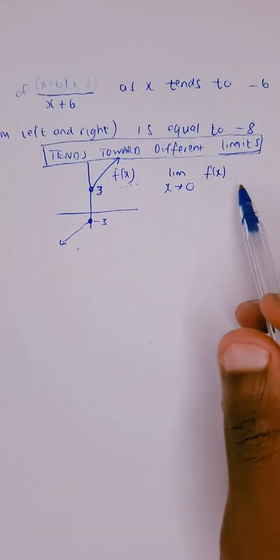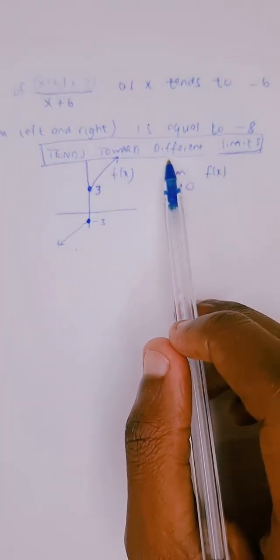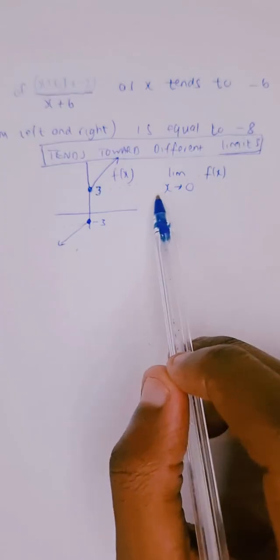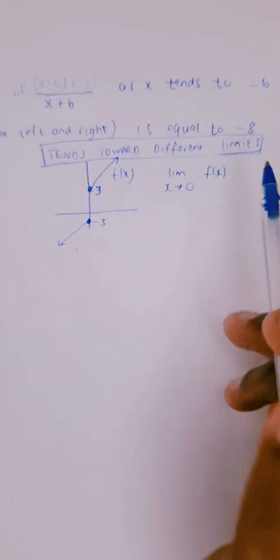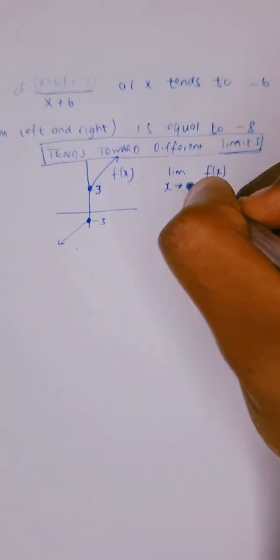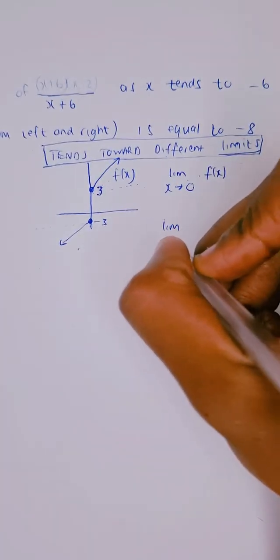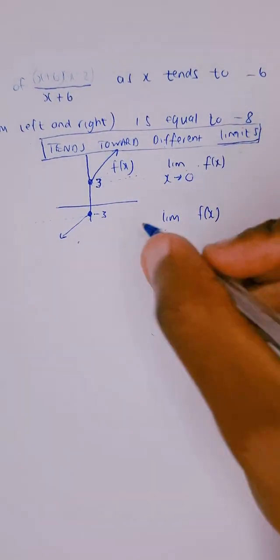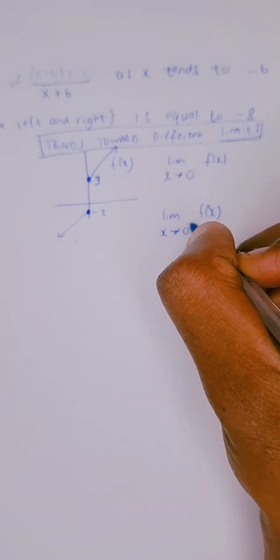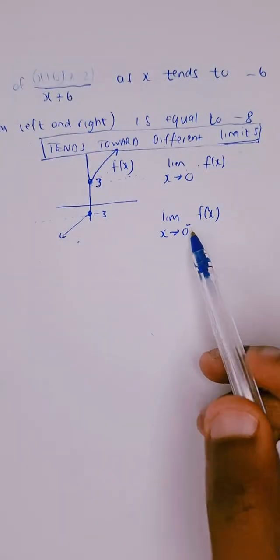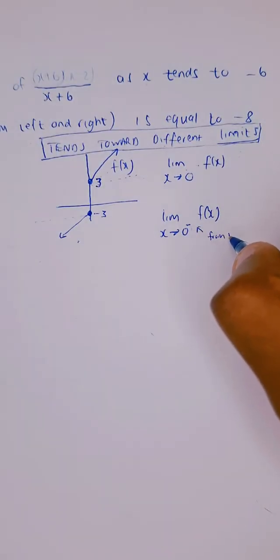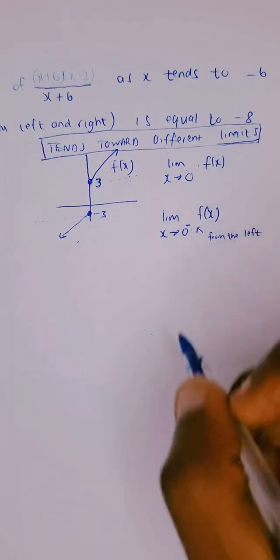So when we are approaching the function from the left and from the right, and we get different limits, then we look at the limit of f of x as x approaches 0. Now guys, listen to me. If we put a negative sign at the top, this simply means that we are approaching from the left.